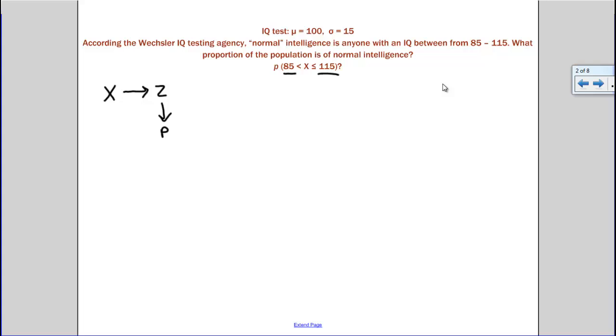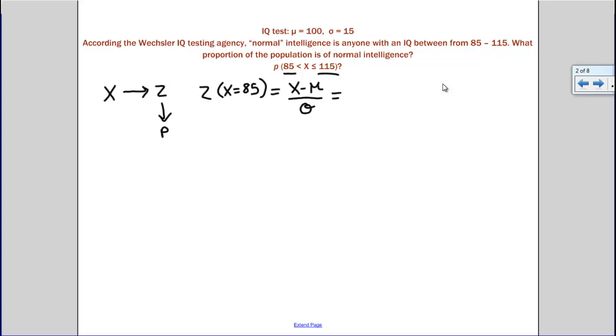All right, so first step, z-score for 85 is equal to, well, what's my formula? So z equals x minus mu over sigma. Or in other words, the score minus the mean for the population divided by the standard deviation for the population.